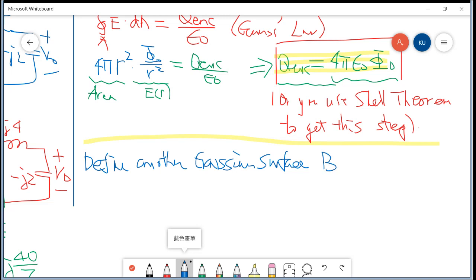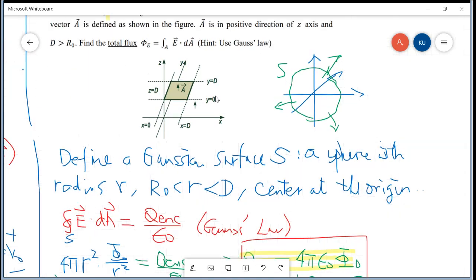We may call it B, because this is not S. Gaussian surface B is a cube, because in this question we are supposed to find the electric flux through a square. So we construct a Gaussian surface, a closed surface that contains this part.